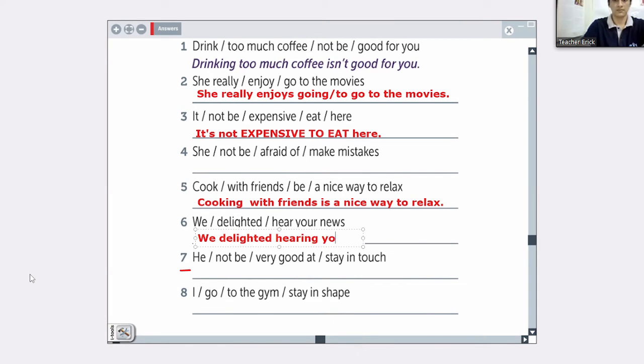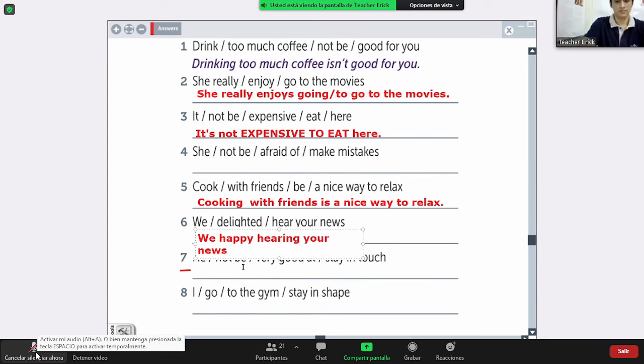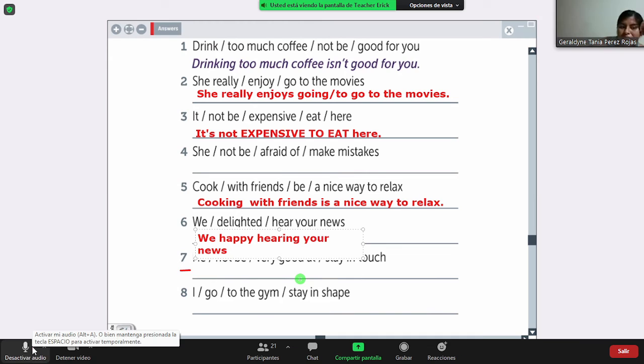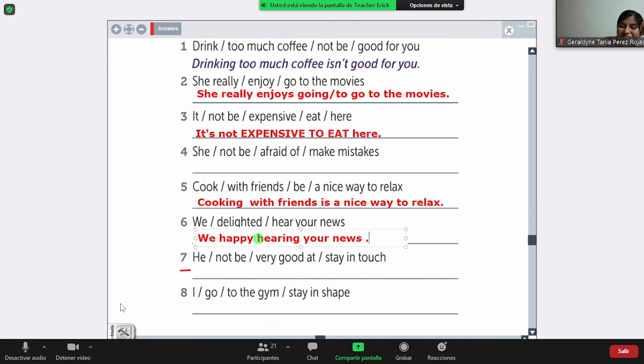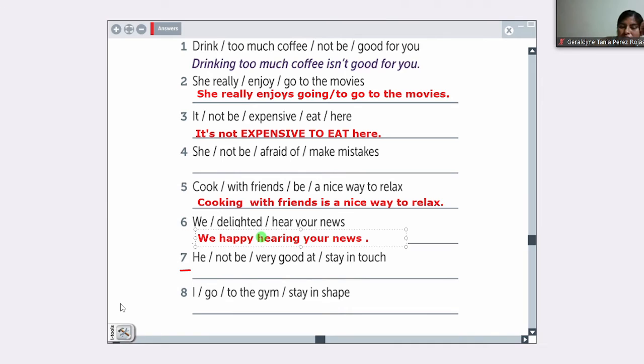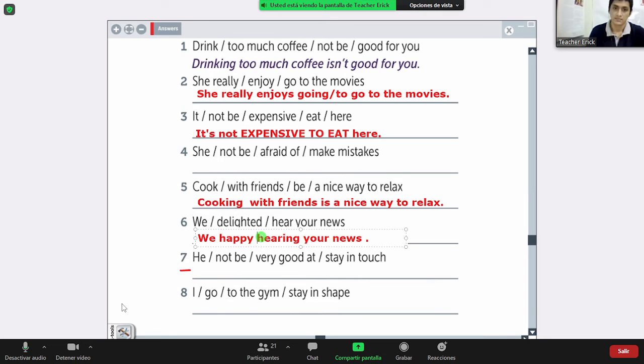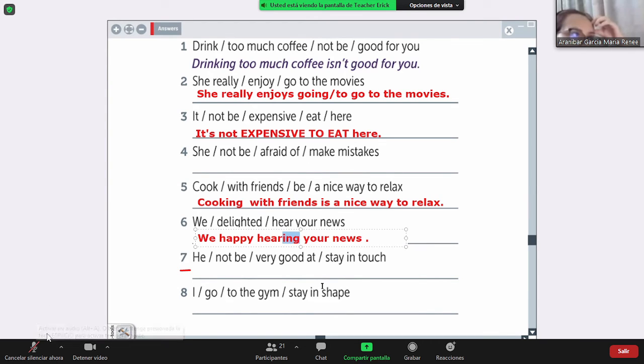Hearing your news. Si en vez de delighted estuviera happy, we happy hearing news. To hear. No, it's correct. Happy hearing. It's correct or not? Yes. Because happy is an adjective. Okay. Para los adjetivos usamos ing or infinitive. Infinitive, ¿no? Entonces, happy to hear, okay?